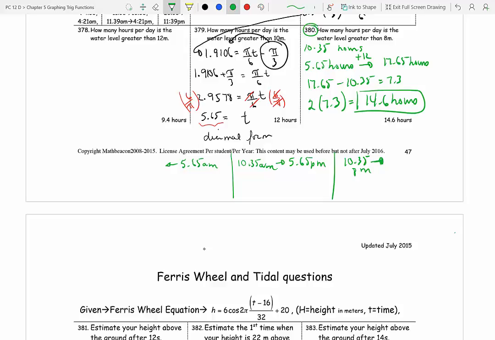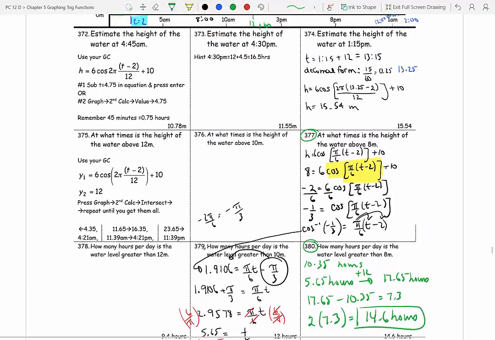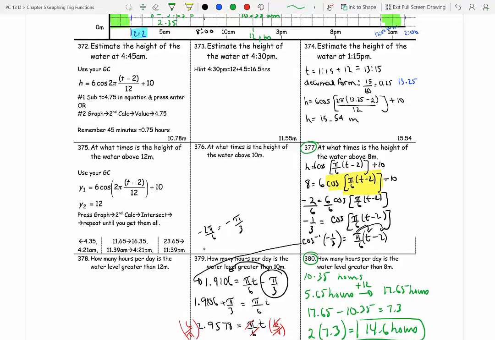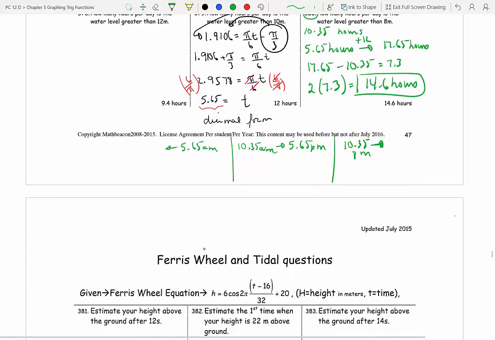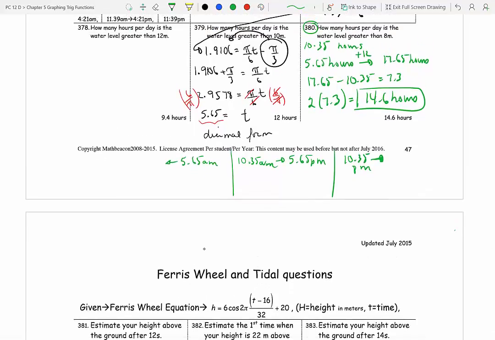Okay, now if we go back to what we did for number 374, when we converted from the hours and minutes into a decimal form, we had to divide the minutes by 60. But now we're going the opposite direction. We're going to go from decimal to hours and minutes. So we want to take the 0.65 of the 5.65, and we want to times it by 60, and that is going to give us 39.